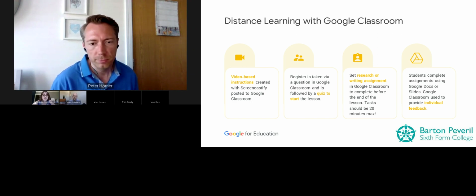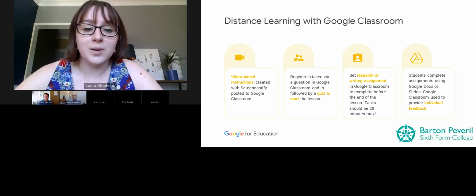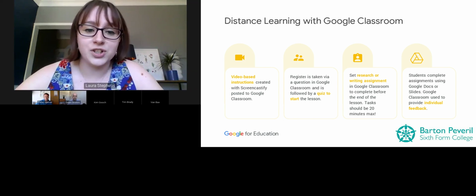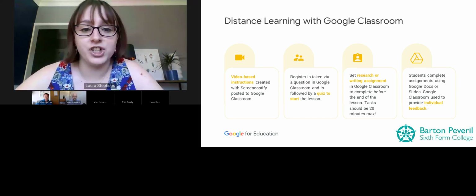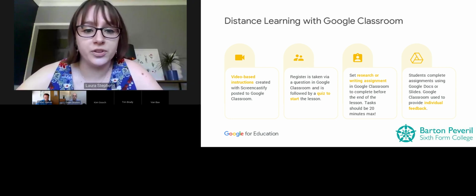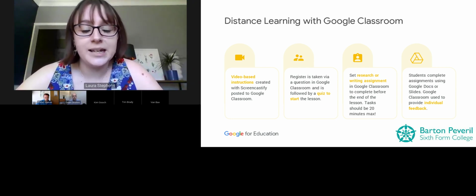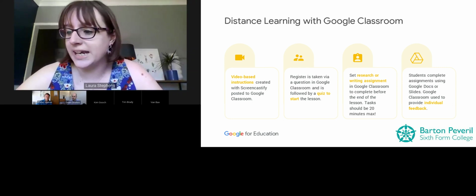So also, as I mentioned before, setting assignments through Google Classroom has been really easy. As Dean showed you in the video, you can just create a copy for every student and send that out. It's normally completed by the end of the lesson, and also you can set a time for when you want that assignment to be handed in. As it says, tasks should be about 20 minutes maximum as an idea.